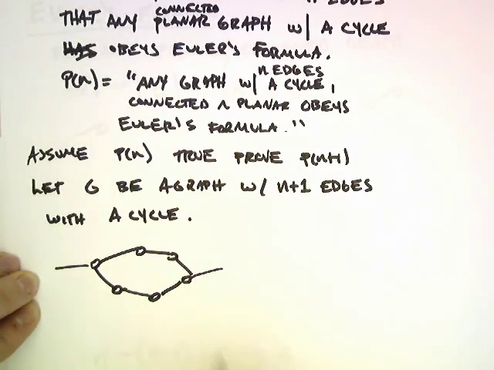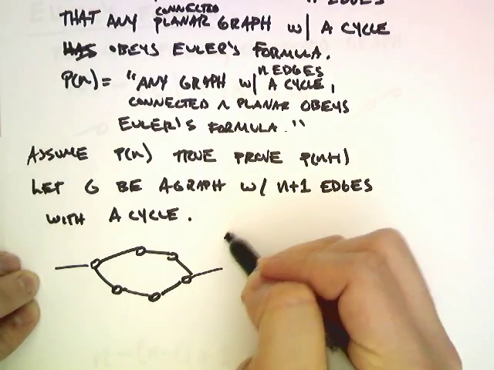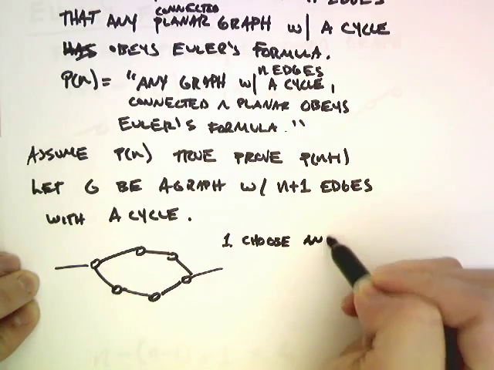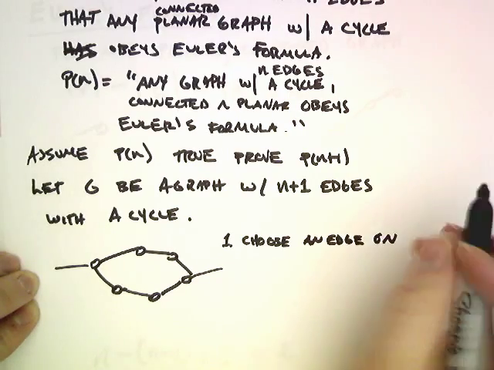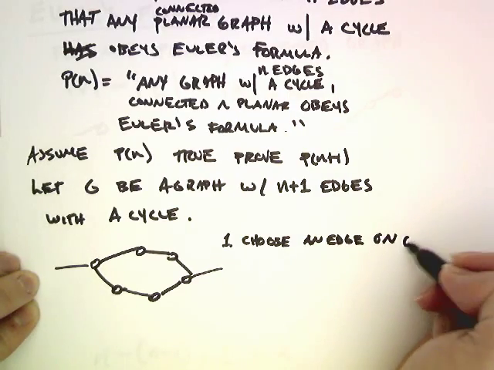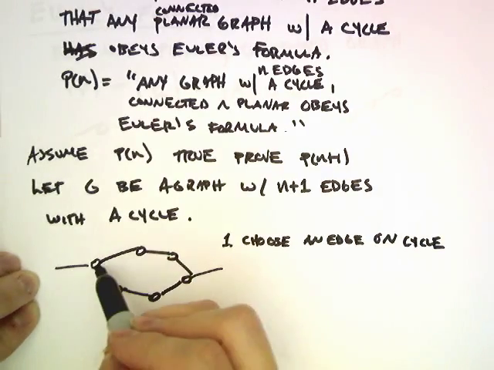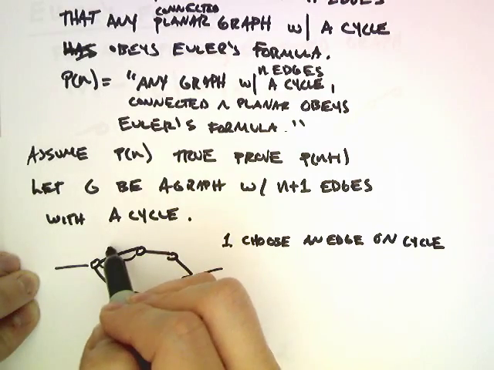Who knows what the rest of the graph looks like, but there's a cycle sitting somewhere in the graph. So what I'm going to do is choose an edge on the cycle. Let's say it's this one. Okay, I'm going to call this edge E.